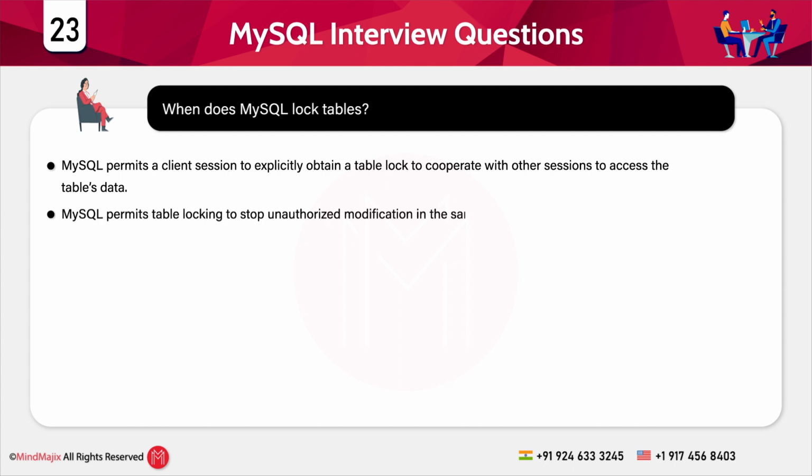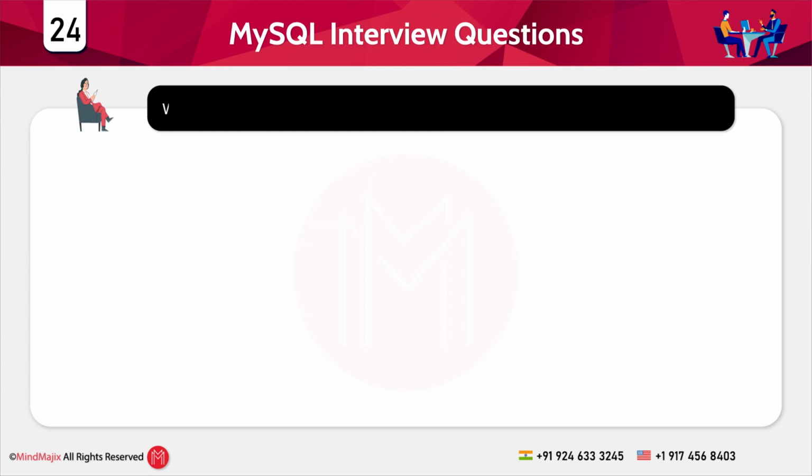MySQL permits table locking to stop unauthorized modification in the same table during a particular period. A MySQL session can obtain or release locks on the table just for itself. Thus, one session cannot obtain or release the table locks for other sessions. So you should have select privileges and a table lock for table locking.